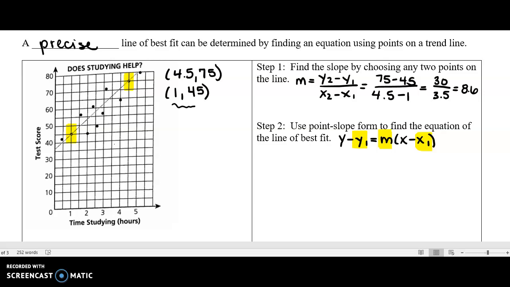So I'm going to pick this one. So I'm going to plug it in. Y minus y1, that was 45, is 8.6 times x minus 1. And we are going to get this into slope-intercept form by distributing this 8.6 through.